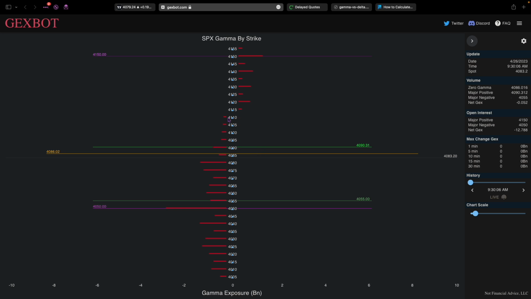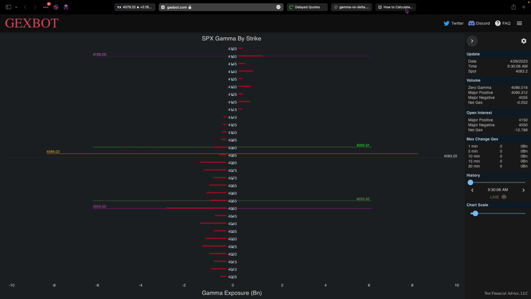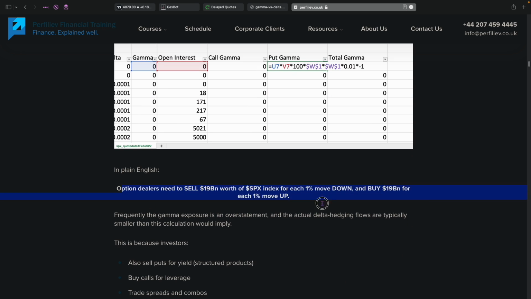And so if we were to look here, we have multiple things happening. Just to remind you, we have call open interest and put open interest being multiplied by their respective gammas, then being multiplied as well by, I'm pretty sure, spot squared, because I think GEXBOT uses, coincidentally, the same methodology as this particular site.